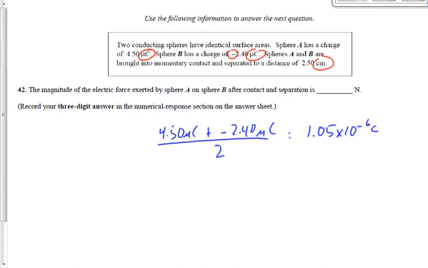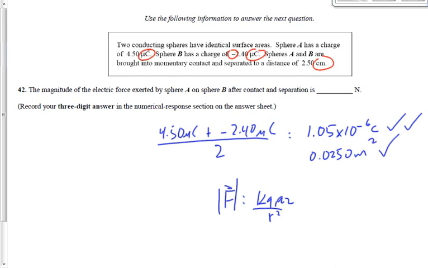That's for Q1 and Q2. The distance that separates them is going to be 0.0250 meters. We want to find the force, just like it was in the last couple of questions that we've done. 8.99 times 10 to the 9 times this again, divided by this squared, gives me an answer of, what was it, Daniel?